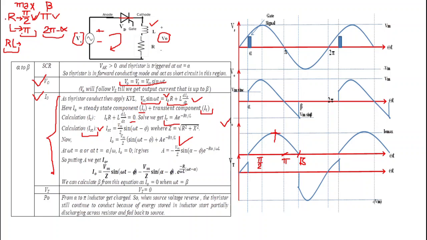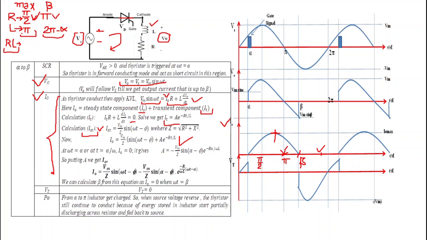So for R load we get current up to pi, and for L load we get current up to 2 pi minus alpha. That's why for RL load we will get current between pi and 2 pi minus alpha. Suppose this is 2 pi minus alpha, then this beta for RL load will lie between pi and 2 pi minus alpha.